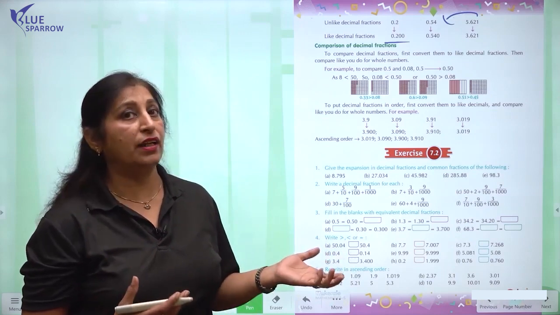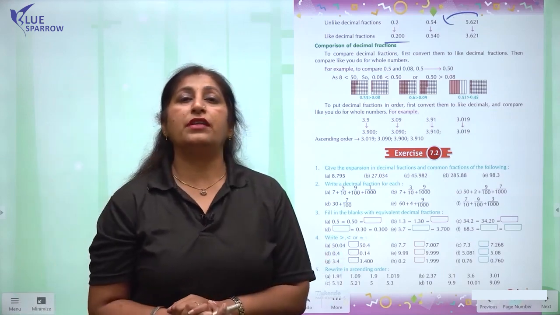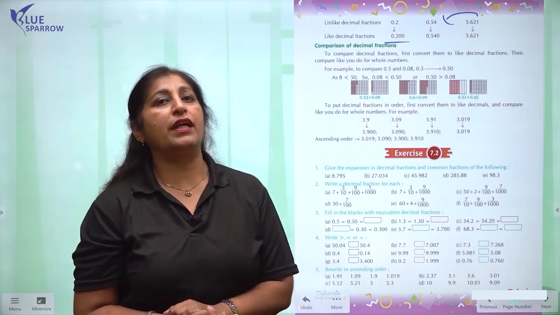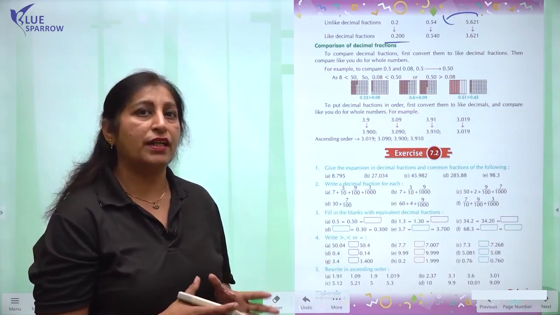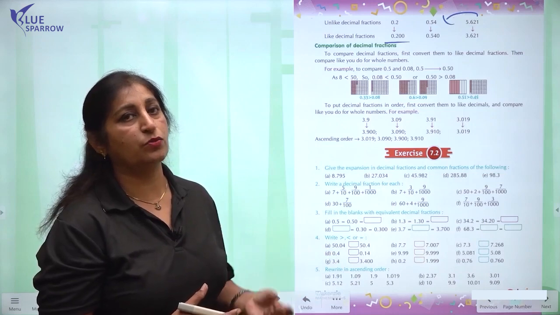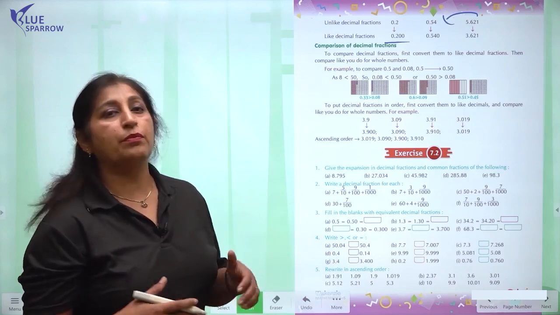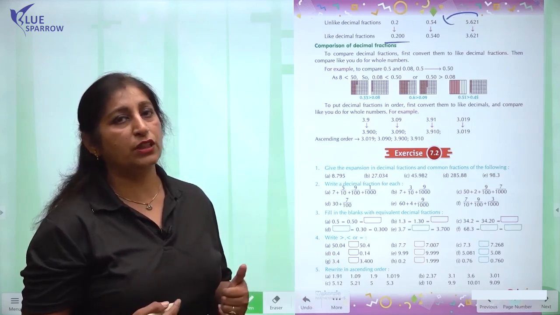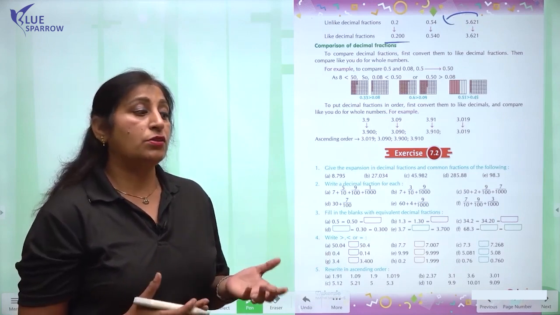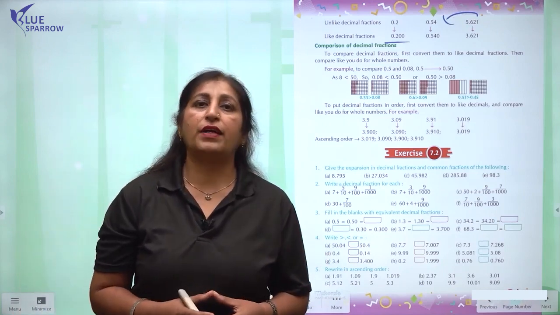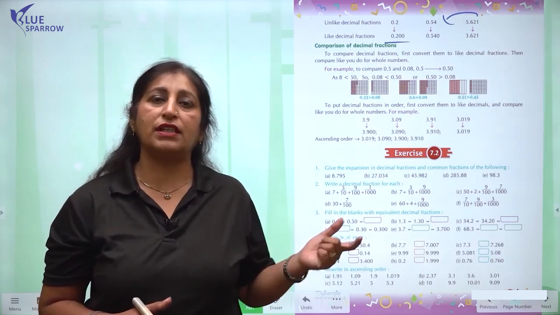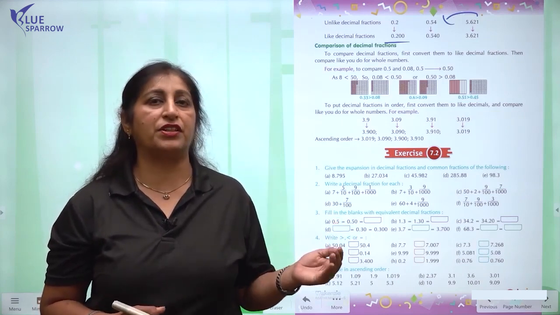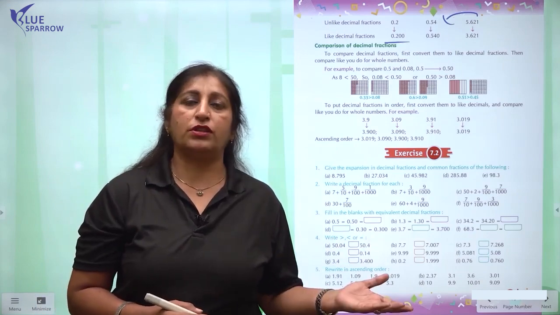All of these numbers should have 3 decimal places to become like fractions. So you can put zeros or remove zeros to make them like fractions as required. Always keep in mind that we can make like fractions by adding more zeros at the end.